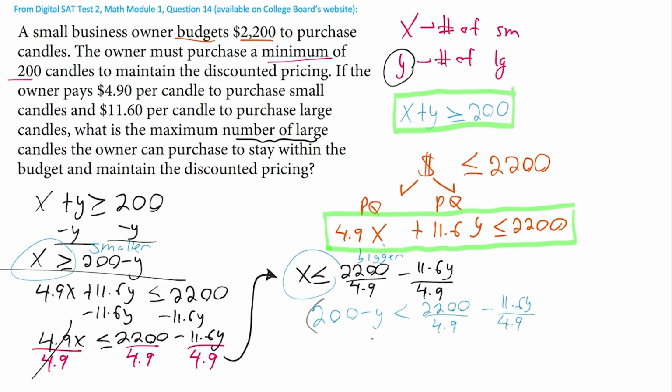So let's go ahead and multiply both sides by 4.9. And so we've got the 4.9 times 200, which is 980. So we've got 980 minus 4.9y less than, and when we distribute into here and here, it's going to cancel away, 2200 minus 11.6y.